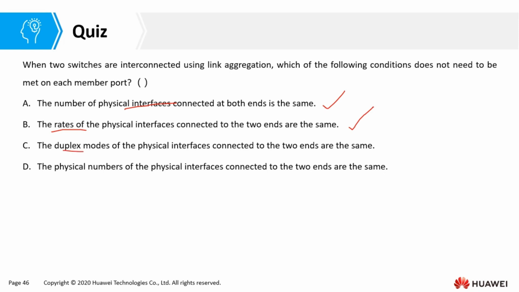The duplex mode should also be the same. The physical numbers of the physical interfaces connected to both ends are the same. This one is incorrect, so the answer will be D. It should be the number of the physical interfaces, not the physical numbers of the physical interfaces.